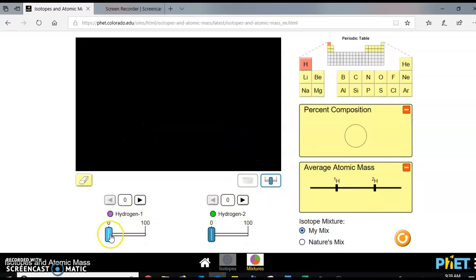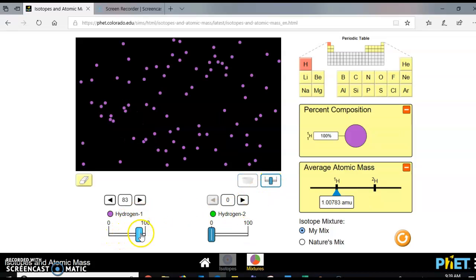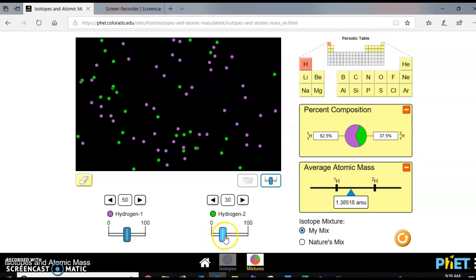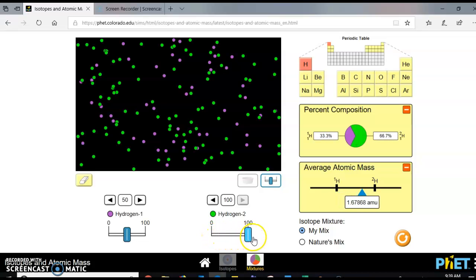In the toggle view, you could scroll over all the way up to 100 for each of the isotopes. So if they want to do 50, you could get to 50 on one side and, you know, maybe 100 on the other, whatever they're asking you to do. But you could flip over to the toggle piece to get all the way up to 100 for each of the isotopes. Right? And again, for data table 3, you're recording percent composition, average atomic mass.